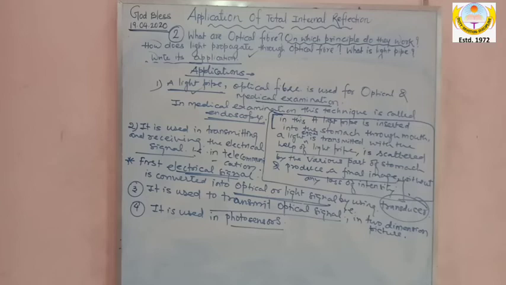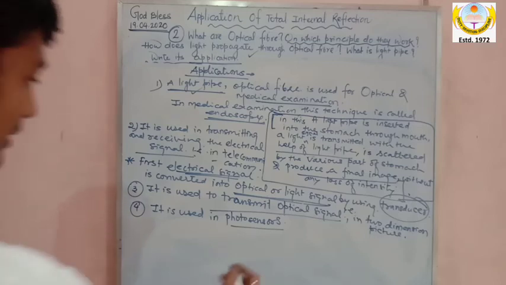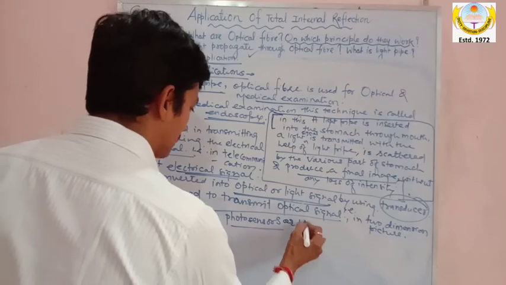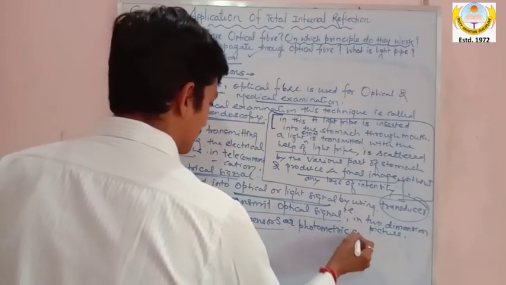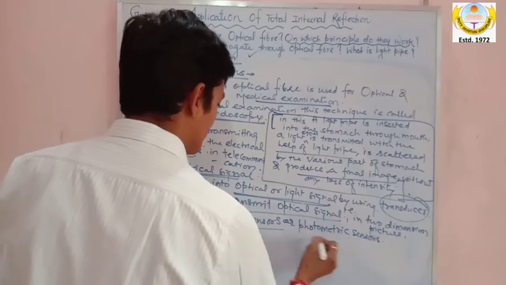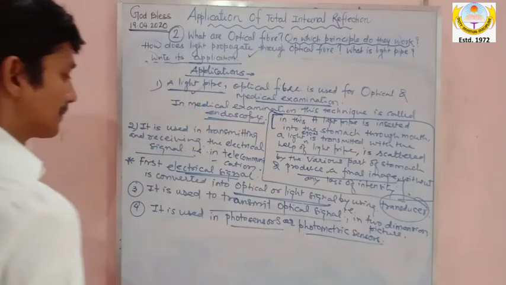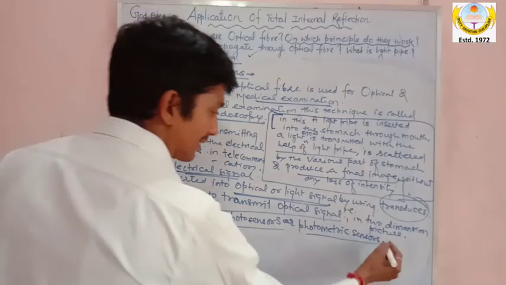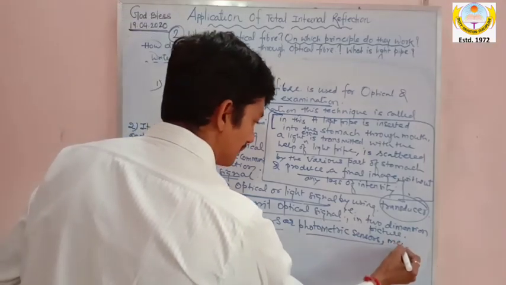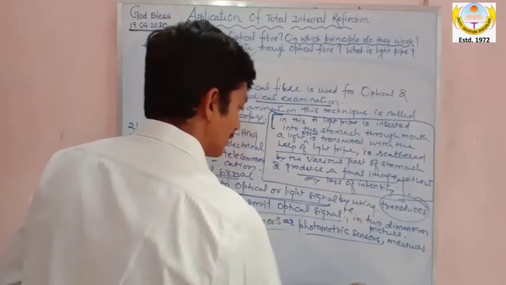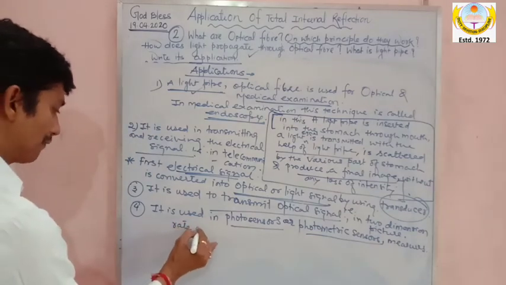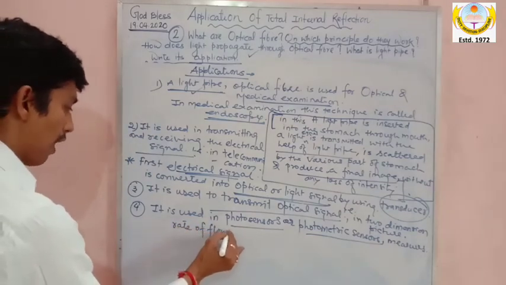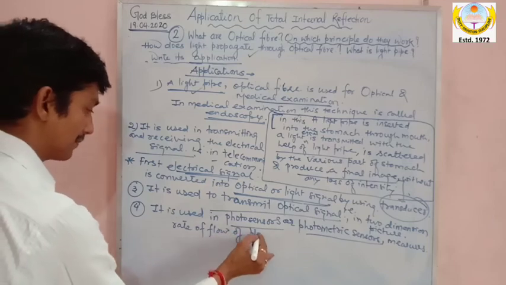Photometric sensors, they are photosensors, we can say, or we can call them photometric sensors. And these photometric sensors measure the rate of flow of blood, my dear.